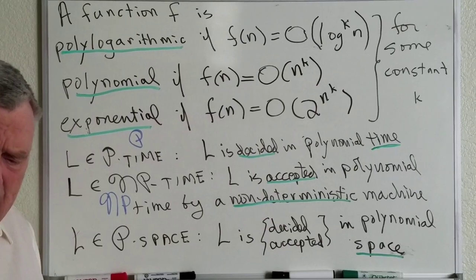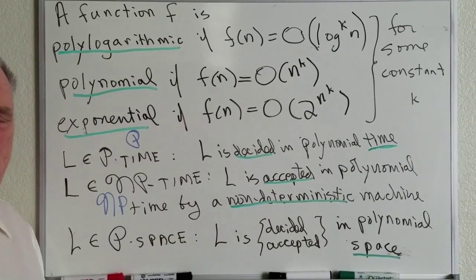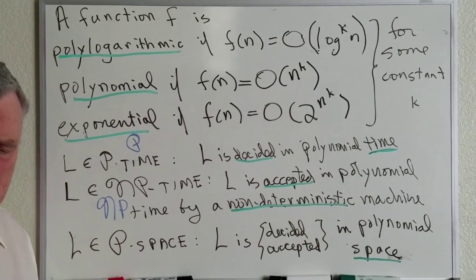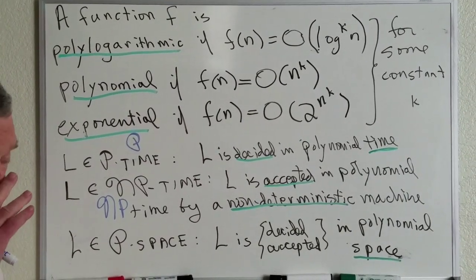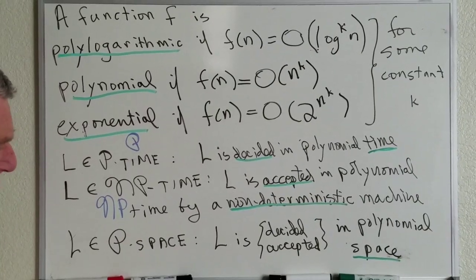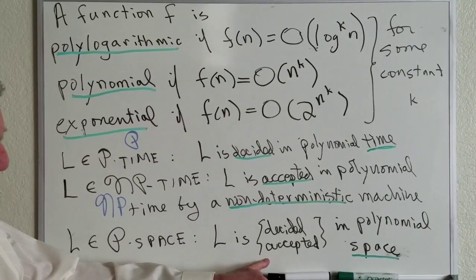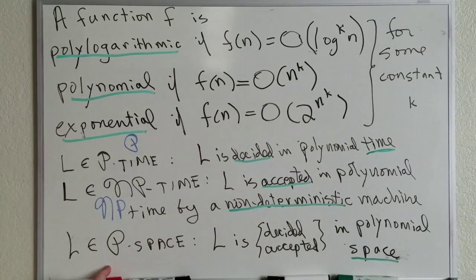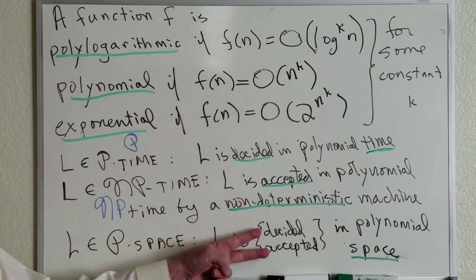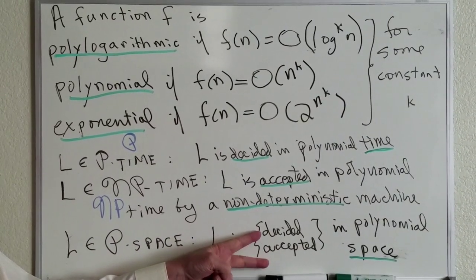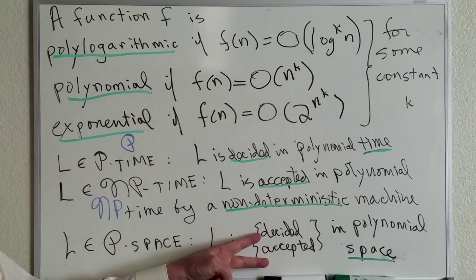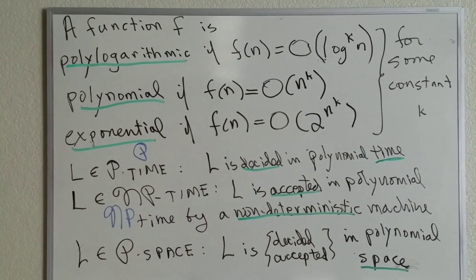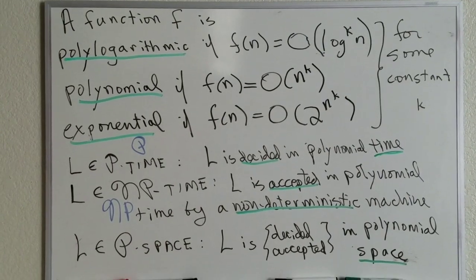Well, you can constantly be erasing the memory as you go. So allowing the machine to reuse memory as it makes a calculation, saves something, erases it, does another calculation, and somehow takes any amount of time but does it in polynomial space. That's this class. Now, I wrote decided accepted here because it turns out that if I change the rule to decided or accepted, I don't get a different class. All right, so that's the definition of those classes.